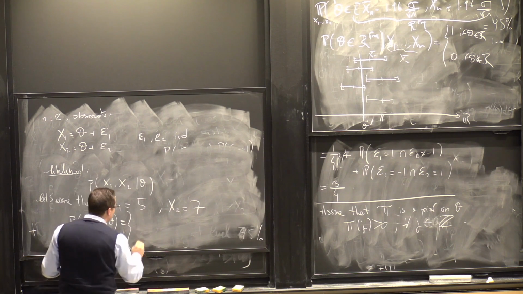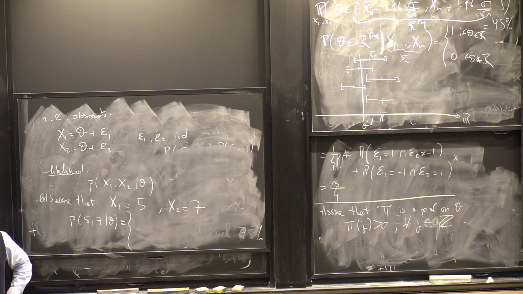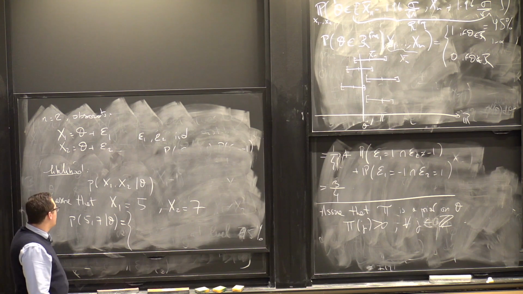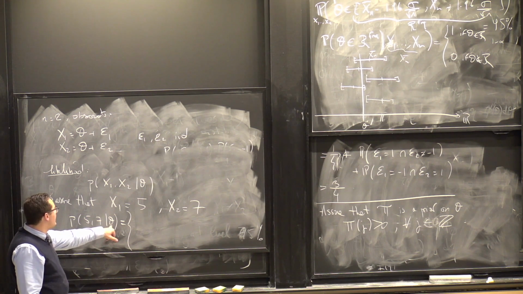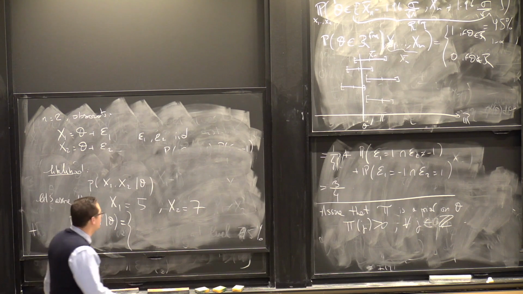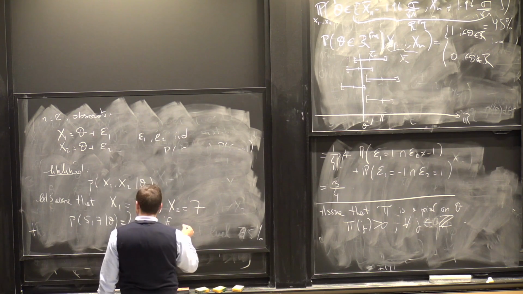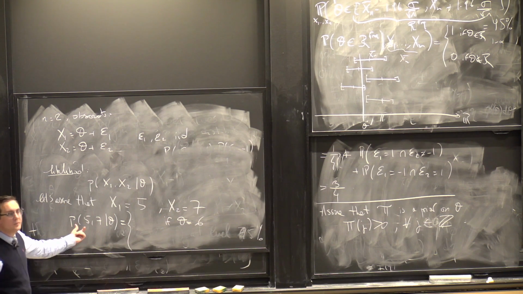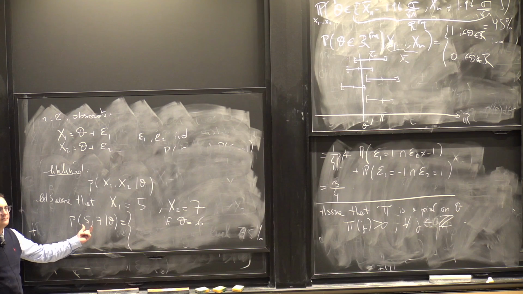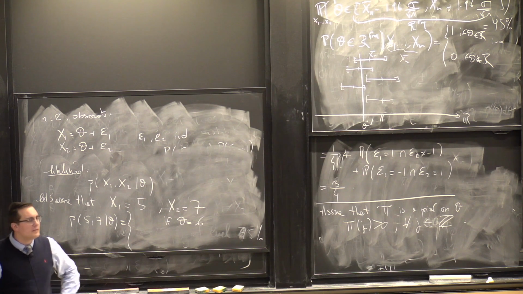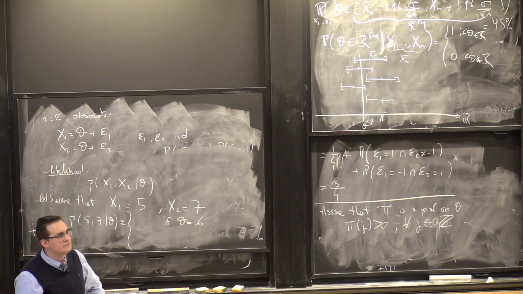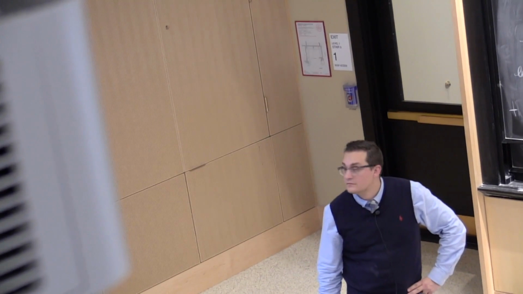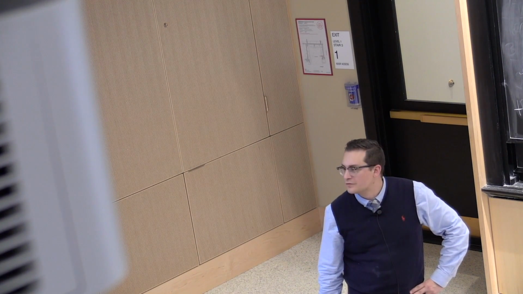What is this likelihood? Well, if theta is equal to 6, that's just the probability that I observe 5 and 7, right? So what is the probability I observe 5 and 7? 1/4. That's 1/4, right?